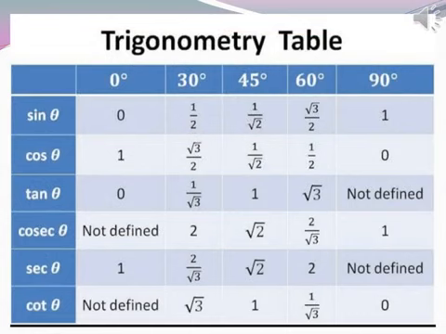From the trigonometric table given in this slide, you can see the values of the trigonometric functions such as sine, cosine, tan, and their reciprocal functions which are cosec, sec, and cot respectively for the different values of their angles such as theta is equal to 0 degree, 30 degree, 45 degree, 60 degree, and 90 degree.